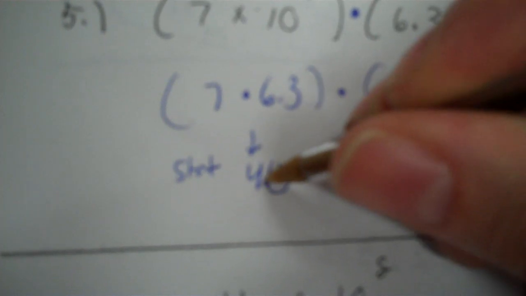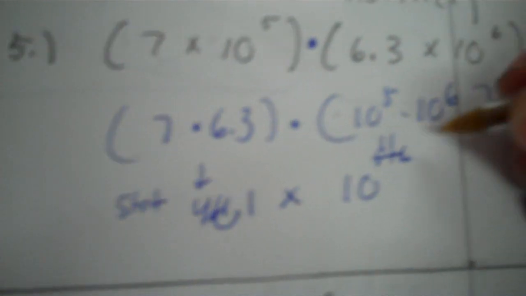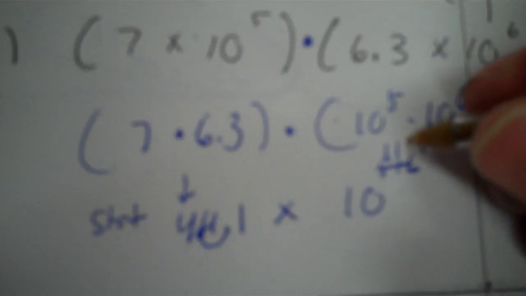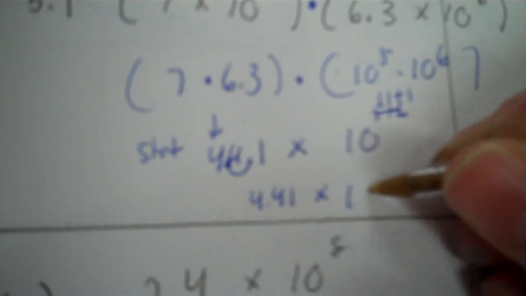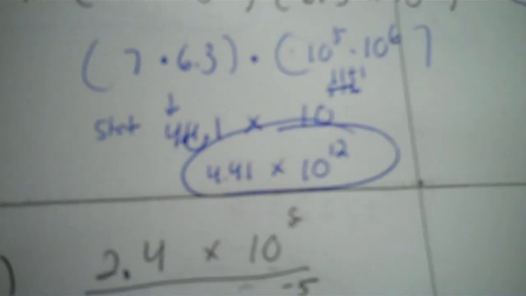The decimal needs to be between that 4 I just marked and the 4 after it. So you need to move the decimal so it's here. Okay. So you moved it 1 time and you moved it left. So that's plus 1. So the answer is 4.41 times 10 to the 12th power.